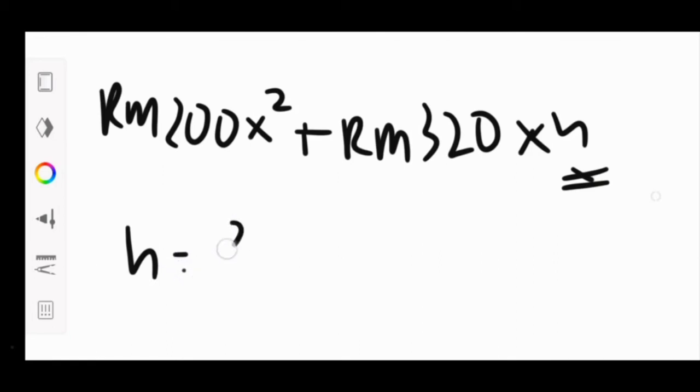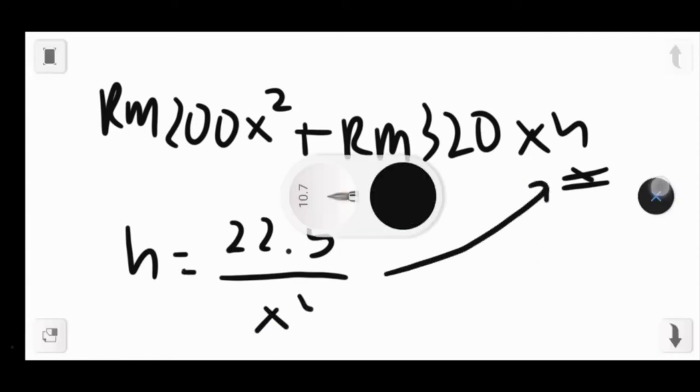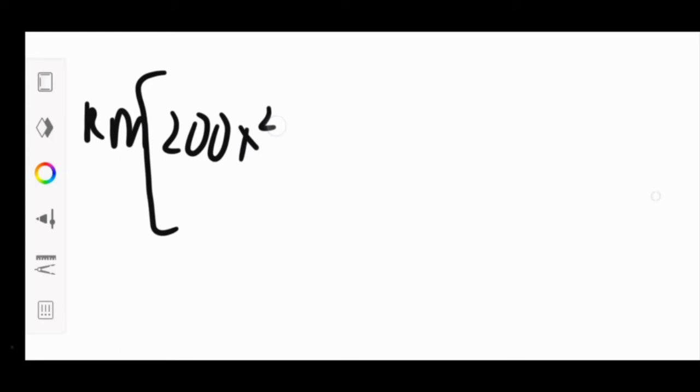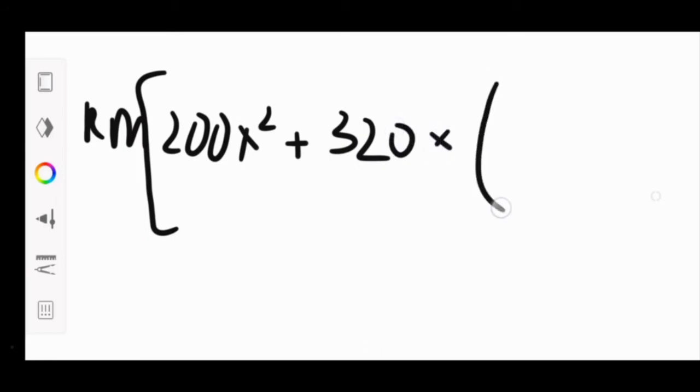Now we're going to substitute in the value of h, which we got at the beginning, which is h equals 22.5 over x squared. We're going to substitute it in, which we will get Rm 200 x squared plus 320 x times 22.5 over x squared.